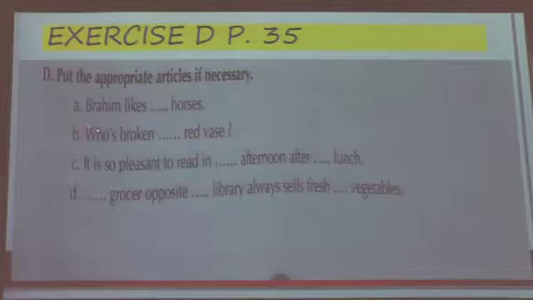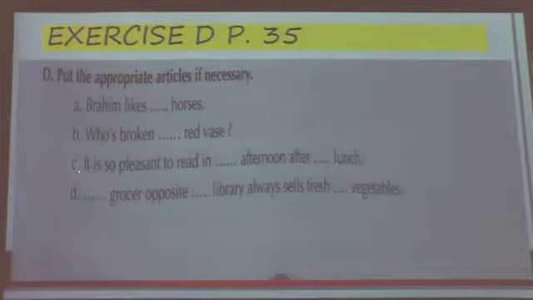B, whose broken red vase. So here we have this adjective, the color red, and it defines the vase, which means that the vase is known. We are talking about a specific vase whose color is red, okay?